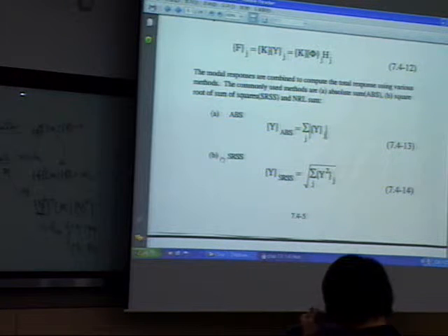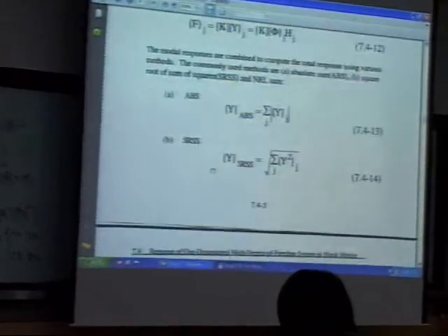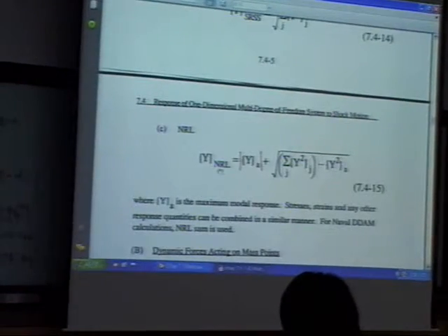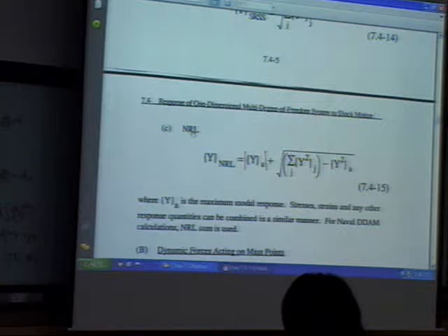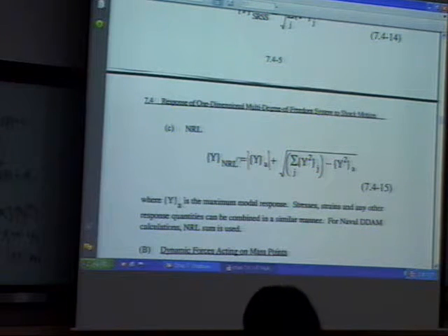Shock people who design naval ships use a slightly more conservative modification of this SRSS, called the NRL sum. Naval Research Lab, NRL sum, to make it slightly more conservative. How?